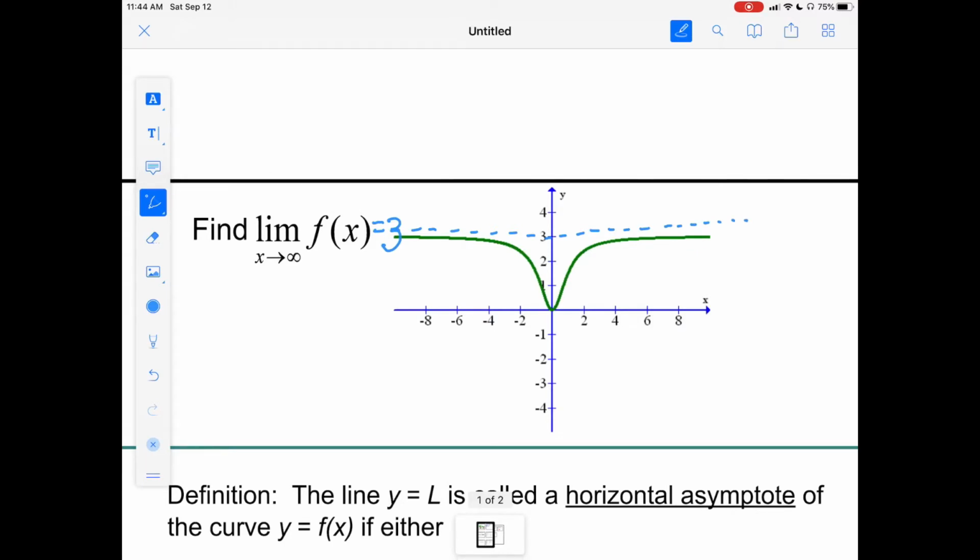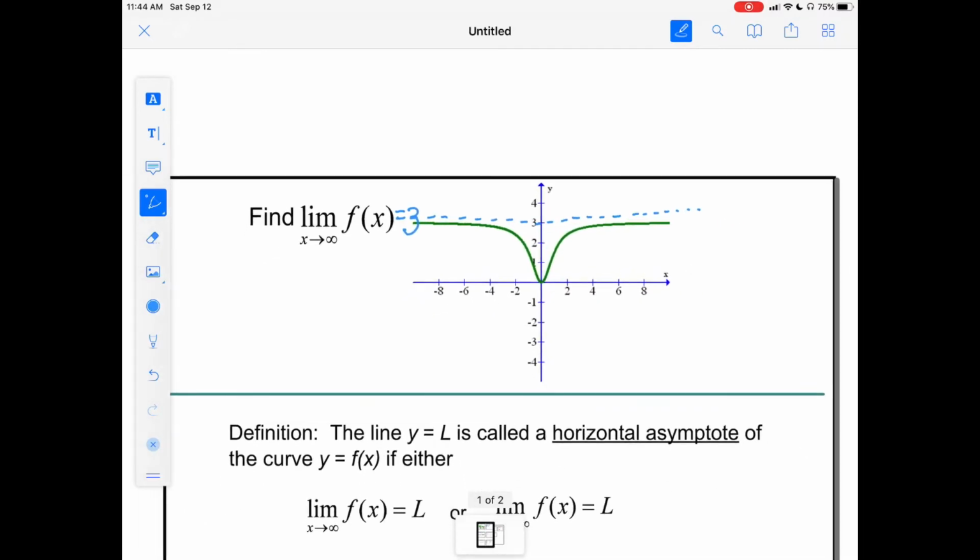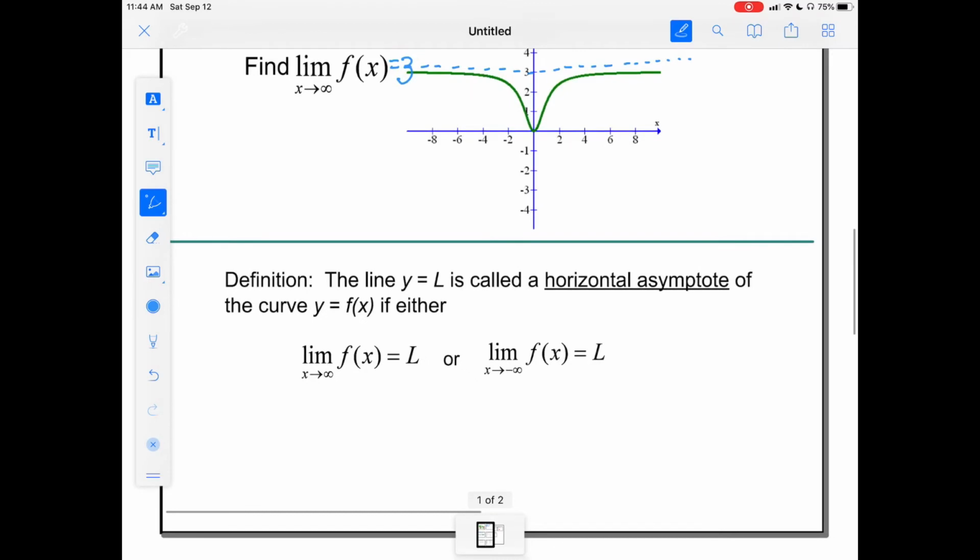So in this example, my limit as my x approaches infinity is 3. And you can tie that in and see how that relates to what you used to do with horizontal asymptotes. Because we know horizontal asymptotes is just saying as my x's get really big or as my x's get really small, if my y's start to approach a finite value, like y equals 3, then I would say that equation, y equals 3, is a horizontal asymptote.